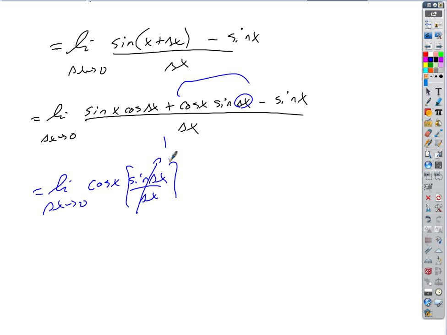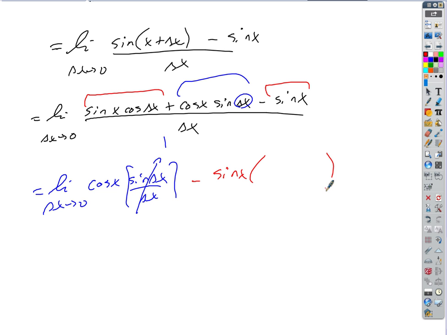That's pretty good. Now what's left over? Look at all the other stuff that's left over here. This will be our red one. So that's trying to be something too, isn't it? What if I factored out, I'm just going to speed this up a little bit, what if I factored out a negative sine x from those other two terms? So I get minus sine x. What's left over if I do that?